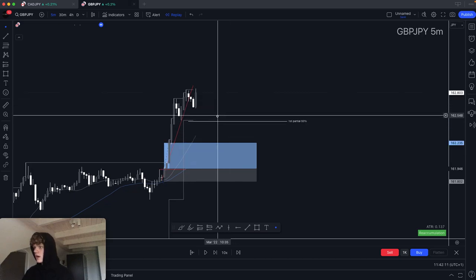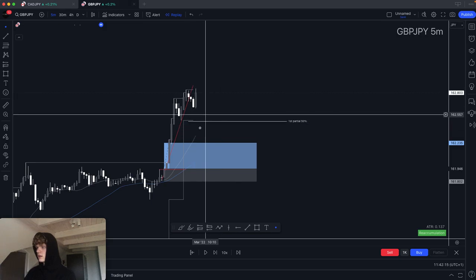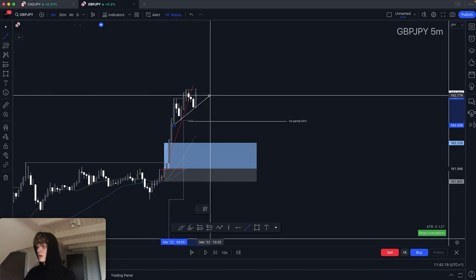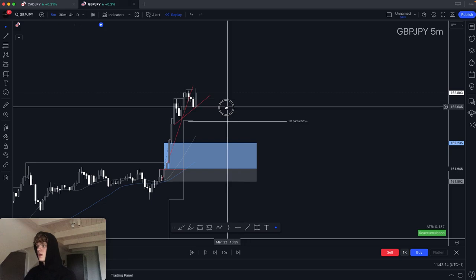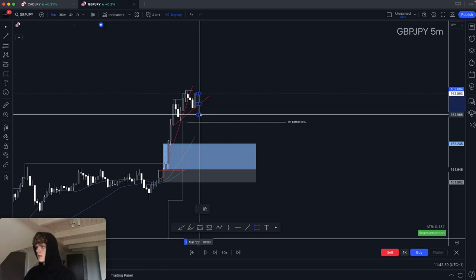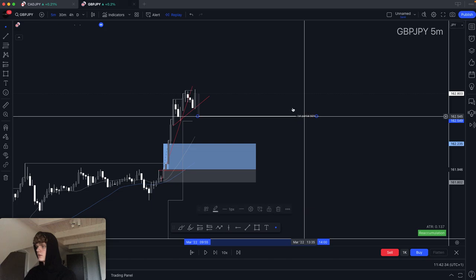So for now we manage beautifully, no partial taken. At this point you do have some kind of momentum here where you want to manage this, and let's say probably around here, break of momentum.